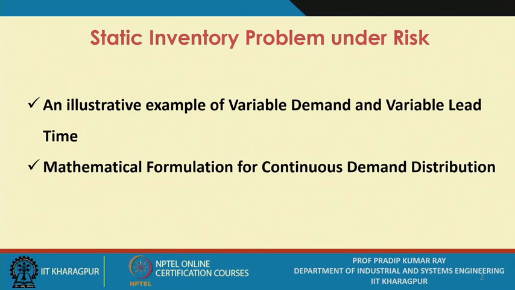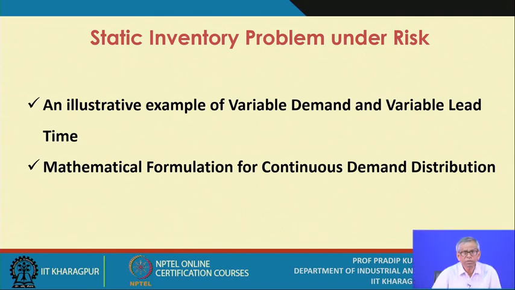Usually, this does not come under risk type of problem, because both the important variables are considered to be constant, and this is not considered as an inventory problem per se.